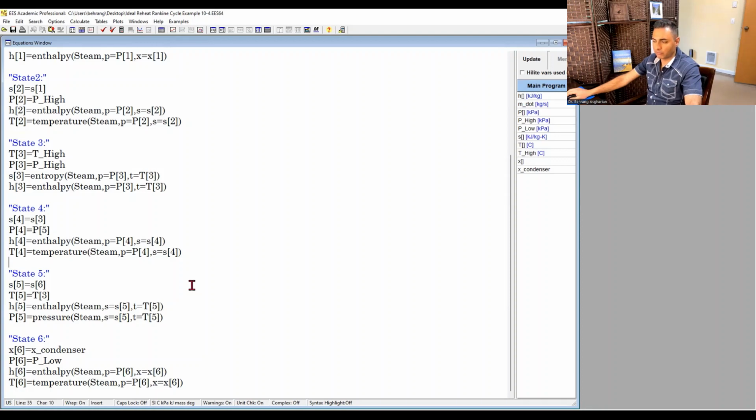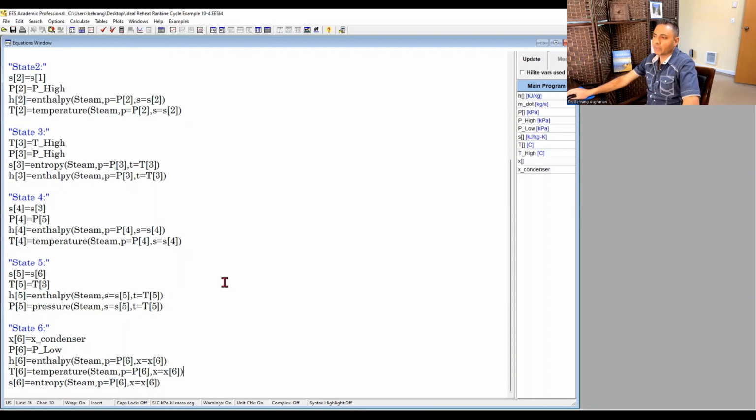That's the beauty of it. State 6, if you need to find entropy at state 6, oh, looks like I forgot to do that. So I need to find S6 before I go up. Good thing I didn't run it. So you need to add this line to your code: entropy of steam, Control C, and now the code works.